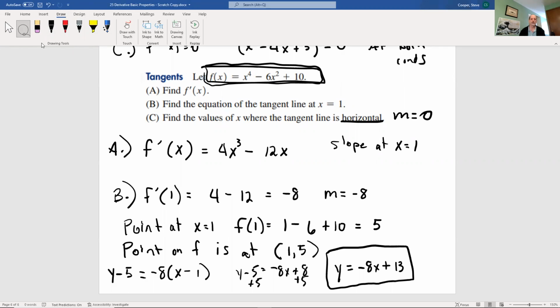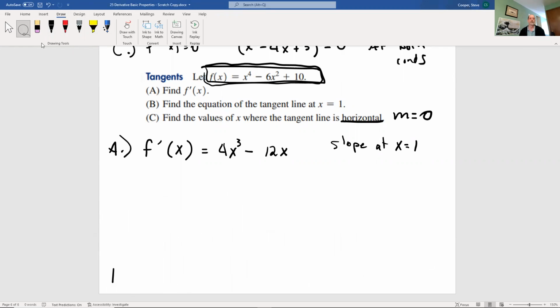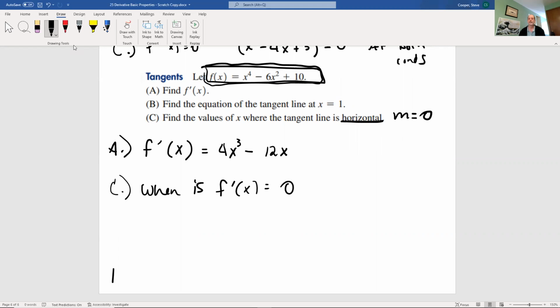Actually, I still want A, so let's just get rid of B. Okay, so when is the tangent line horizontal? That means when is f prime of x equal to 0. So now setting this equal to 0 and finding the values of x, we've got our answer.